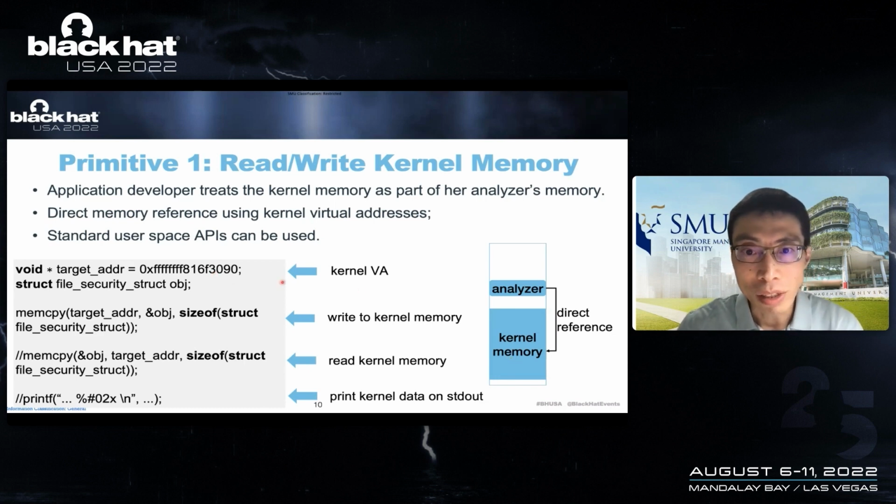Then you can do direct memory copy. All the standard libc libraries can be used without additional treatment, because this is part of the analyzer. You can read the memory, you can copy the memory.